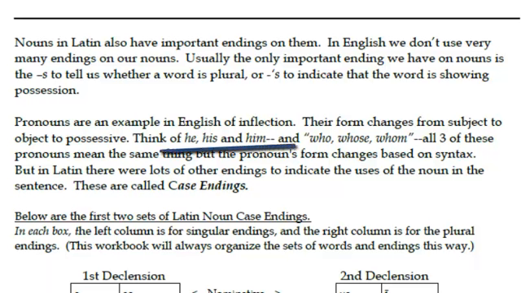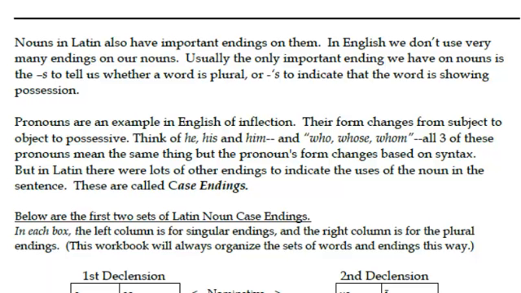So he is in the nominative case, as they would call it in Latin, and him is the accusative case. His is the possessive case, is what we call the possessive in English, which is called the genitive case in Latin. So all of these pronouns, he, his, and him, mean the same thing. It's just that the pronoun's form changes based on its use in the sentence.